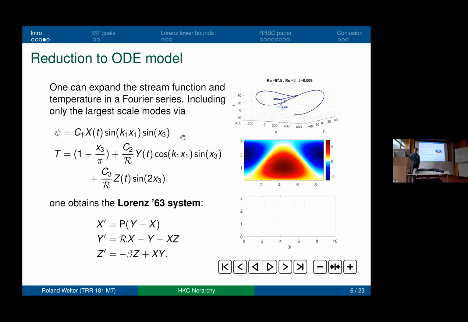So if you do this and you only include the largest scale modes, then you end up with the well-known Lorenz 63 system.